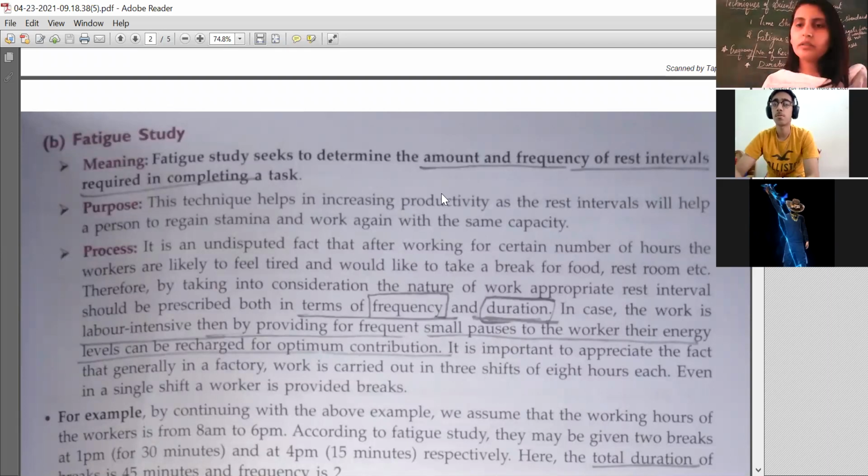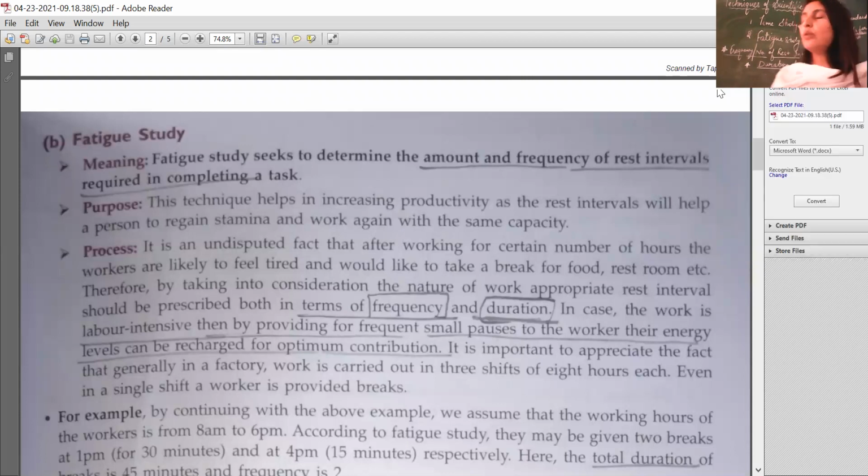For 10-15 minutes. Okay. So 10 to 15. See, now here in this school, the frequency of rest interval is 1. And time period for which you are getting the rest is, say, 15 minutes.